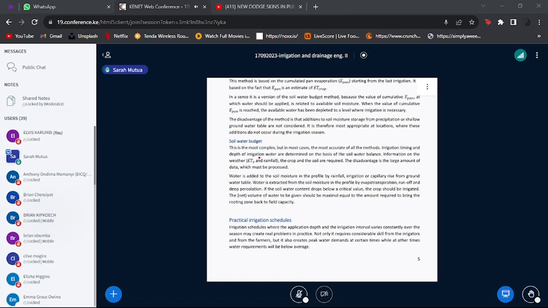You should have also seen that in irrigation and drainage engineering one, how to measure soil water using the soil water budget method. Like I've said, those methods may be a little bit tricky because of the level of involvement that is needed.